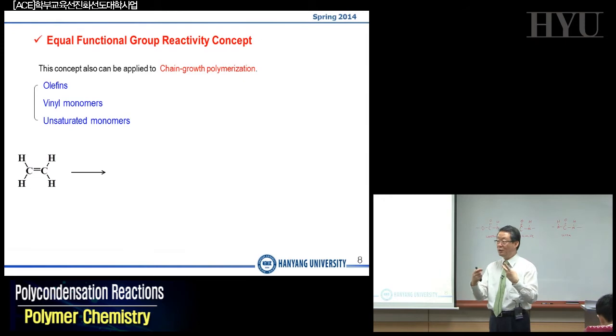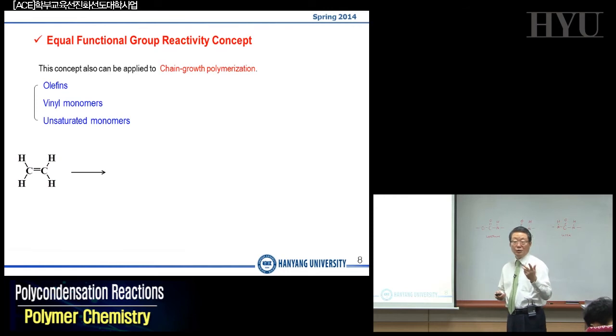What type of initiator you're using will determine whether this reaction is a radical reaction or an ionic reaction. Anyway, we can assume that we have an initiator forming radicals. We will talk about this in a minute. But termination requires some terminator, or the radicals will meet each other to form the dead-end molecules.